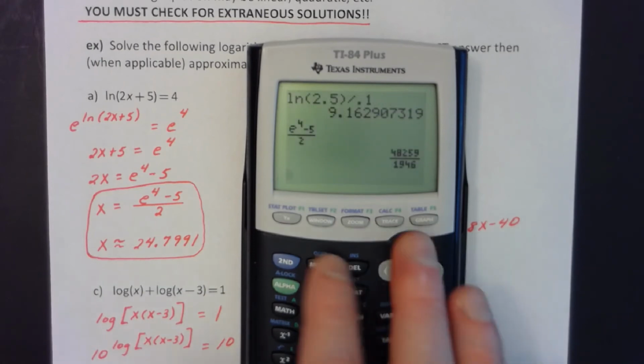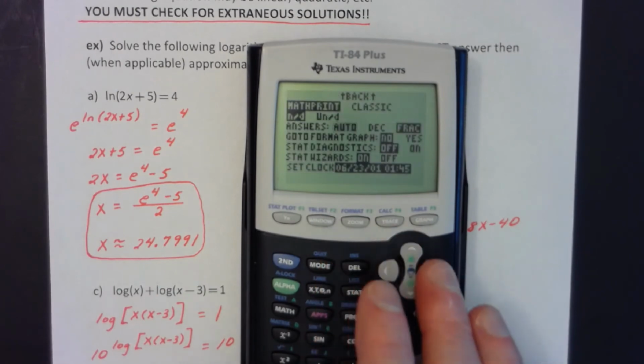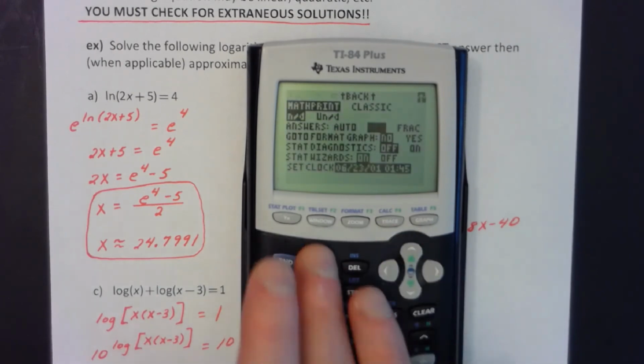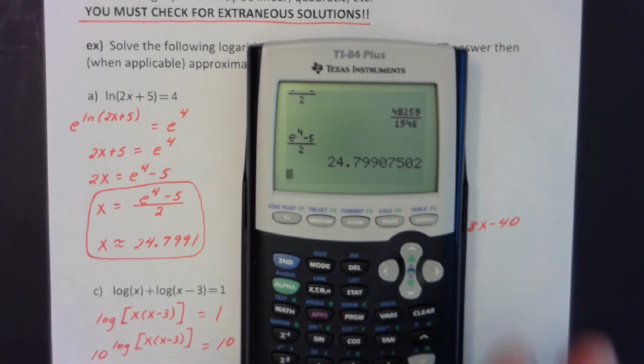Ooh, I'm in fractional form. Let me change my mode to where I'll get decimals. So now I'll go in, second enter, and I get the nice decimal there. I prefer a decimal to a fraction in this case. So 24.7991 rounded to 4 decimal places.